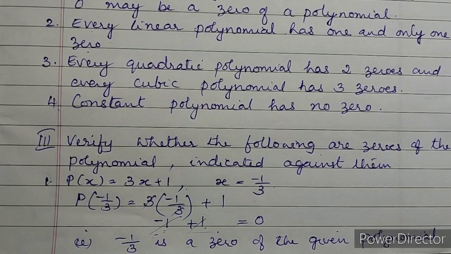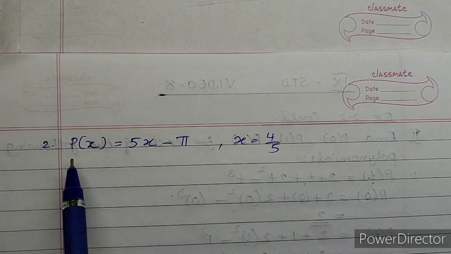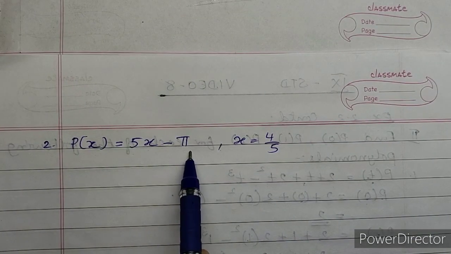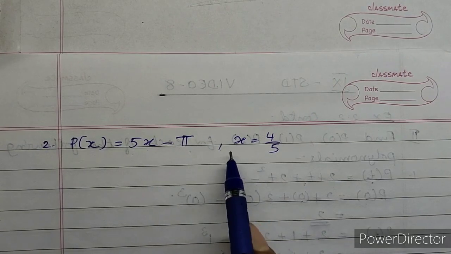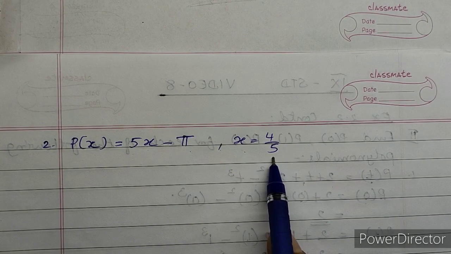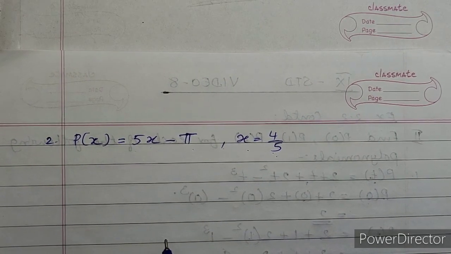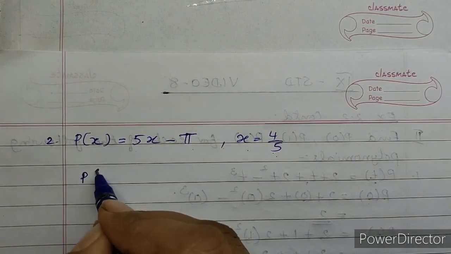Hope you understood, children. The second question is, p of x is equal to 5x minus pi, where x is equal to 4 by 5. You have to check whether 4 by 5 is a 0 of the given polynomial or not. So just assign the value.